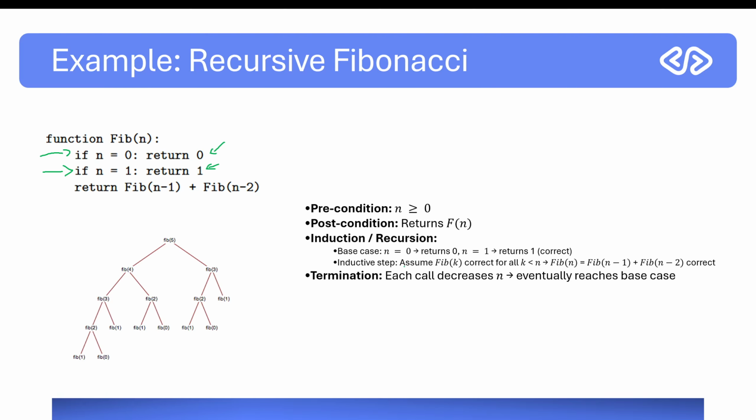Then we just use the inductive step. Again, for this one, it's just proving the definition of Fibonacci. My idea for this example is to show you that a lot of these will come down to basic induction proofs.